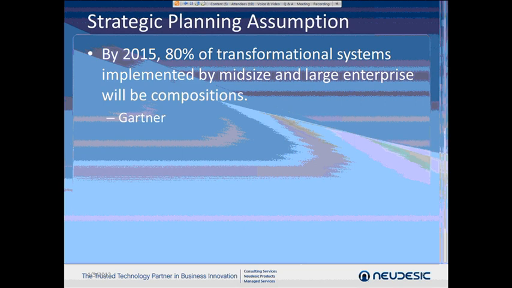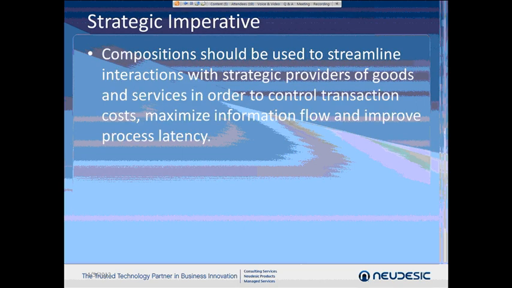What does that mean? Well, if we look at the strategic imperative that they also provide in terms of guidance, what they're basically saying is that compositions should be used to streamline interactions with strategic providers of goods and services in order to control transaction costs, maximize information flow, and improve process latency.